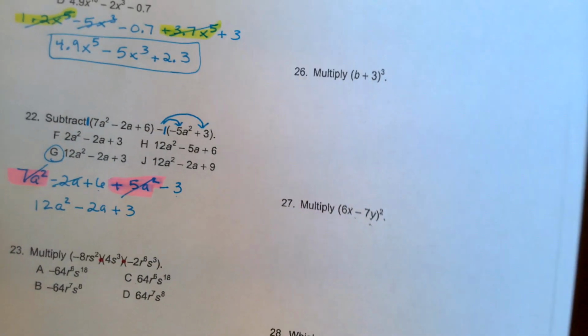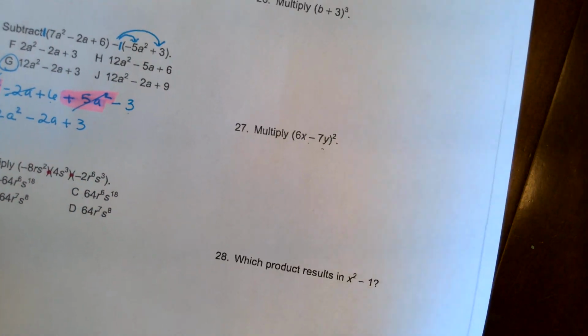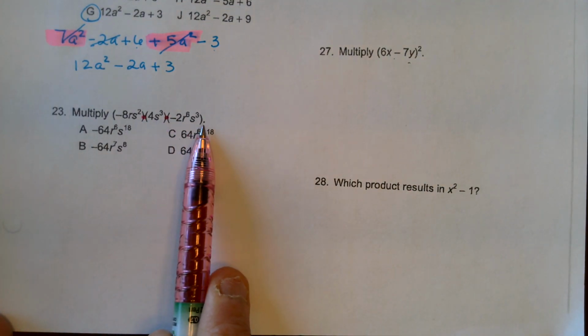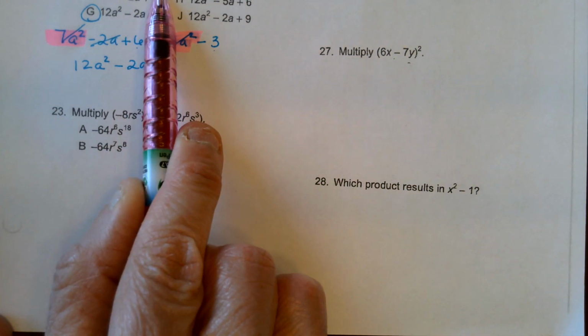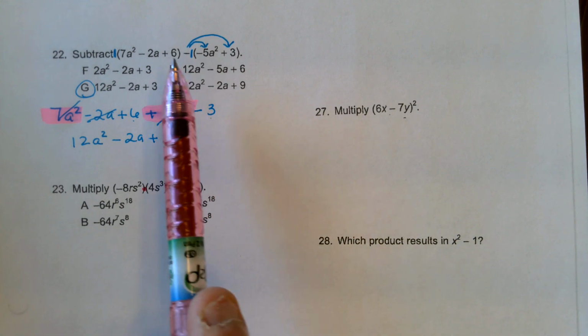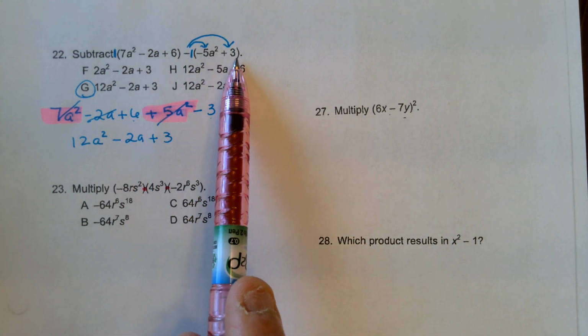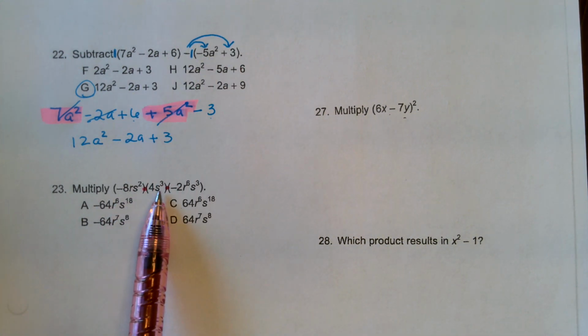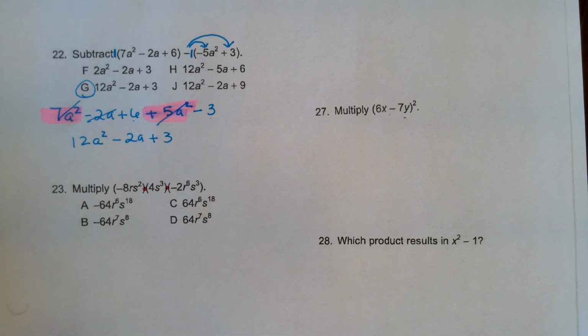So when I multiply these, I'm not trying to combine like terms here because we're multiplying. It's not like these ones above where you were combining like terms. These are all added or subtracted together. We're not doing that. We're multiplying these. So you straight up multiply all the numbers together, combine all the r's, combine all the s's, and you're done.